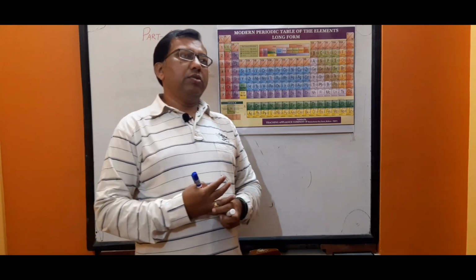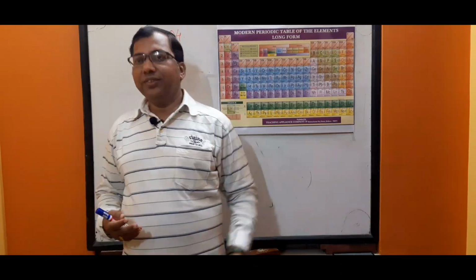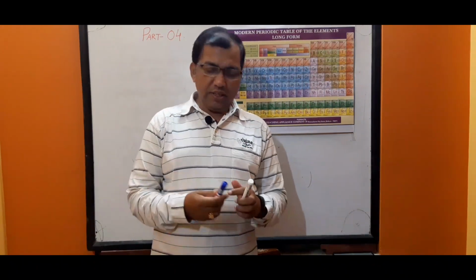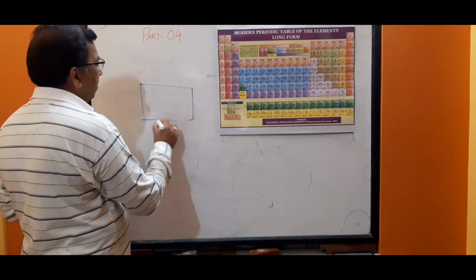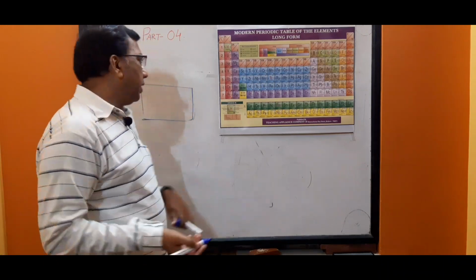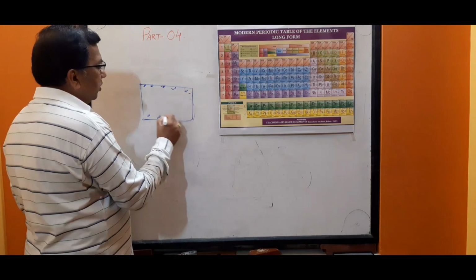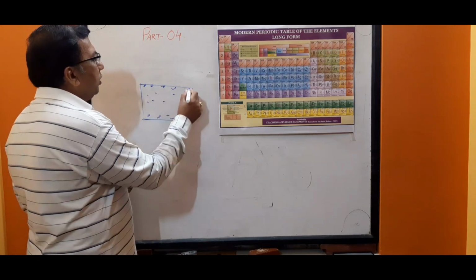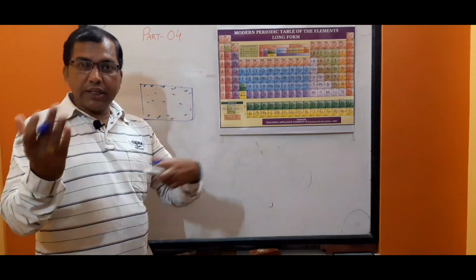We know the metal is highly electropositive. It has a tendency to lose its outermost electrons, so there are many free electrons. Suppose this is a metal plate, iron or any metal. There are so many free electrons, and free electrons means they can flow.